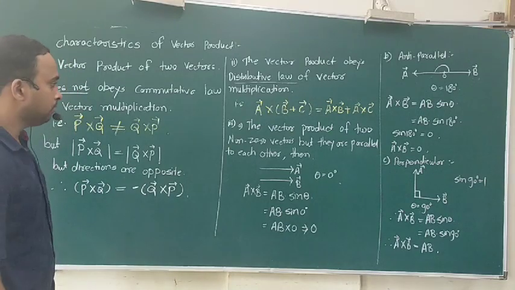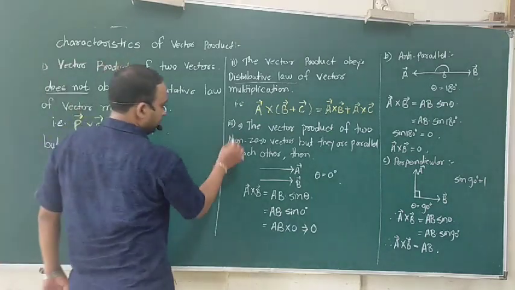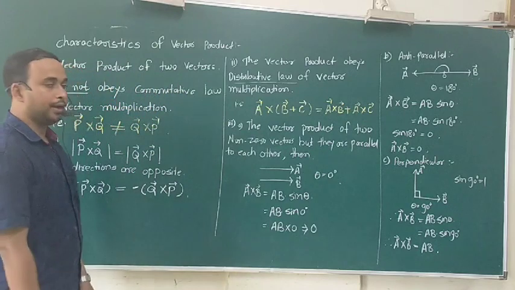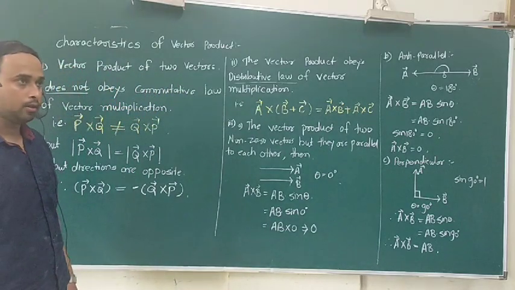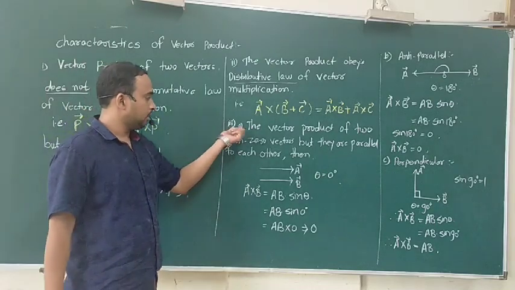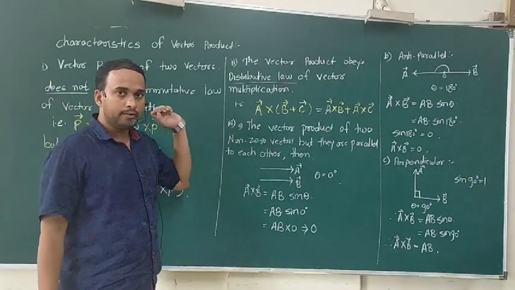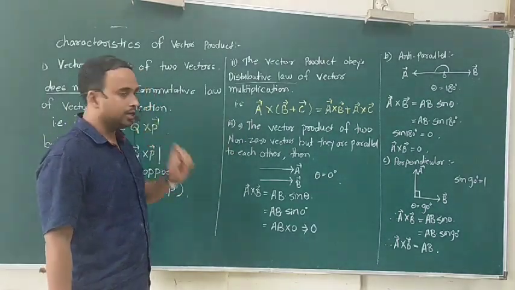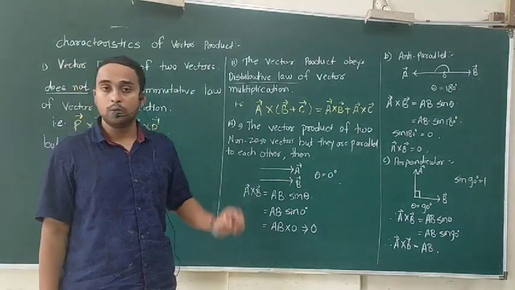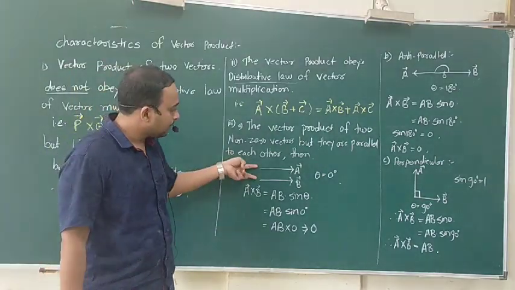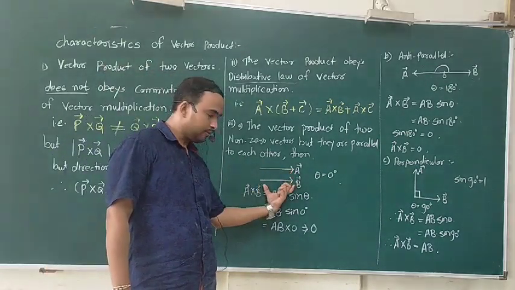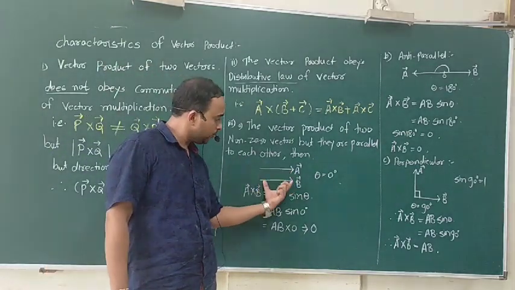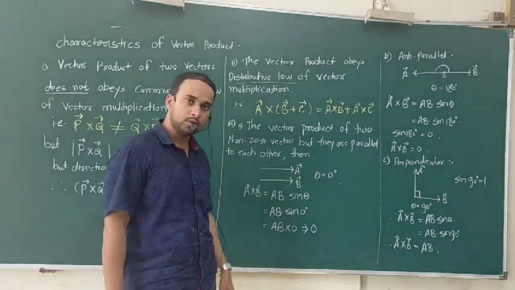Now we want to find the vector product or cross product of two vectors. Suppose the first condition is the two non-zero vectors are parallel to each other. Here is the a bar, here is the b bar. These two vectors are parallel to each other.